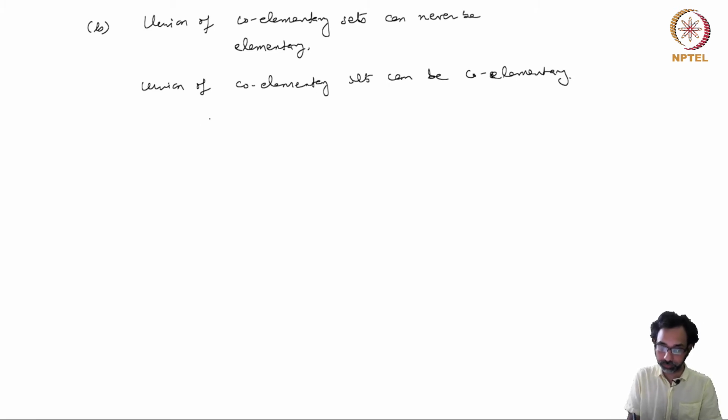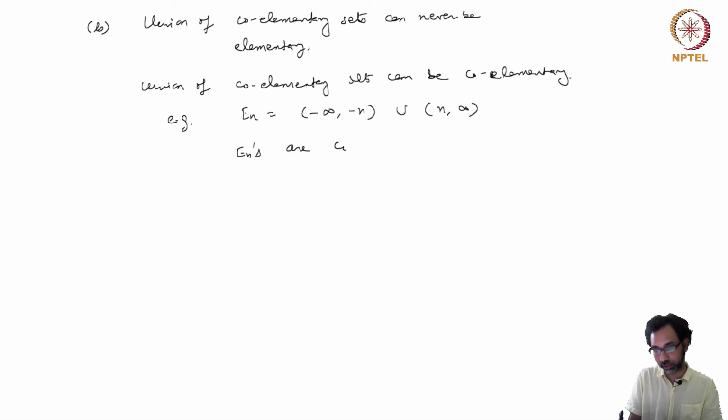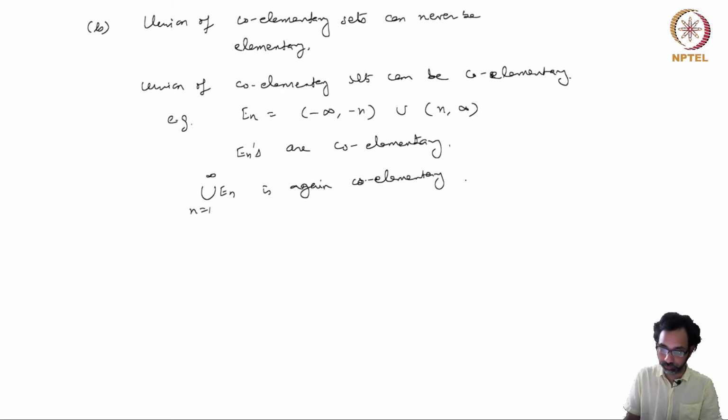So in this case, for example, if you take En to be minus infinity to minus n union n to infinity, then the En's are co-elementary, and the union of En's, n equal to 1 to infinity, is again co-elementary, because the complement is nothing but the interval minus 1 to 1.